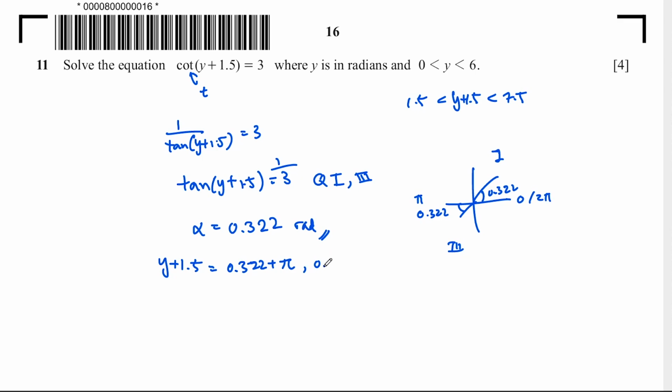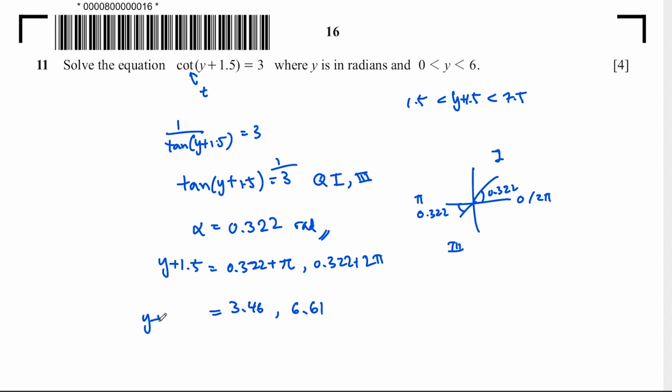Then also we have 0.322 adding 2 pi. I think I'm going to stop there for now because that is going to be almost 7 already. Let's see what the value is. Maybe I can take it one more time: 0.322 adding 3 pi. That would definitely be outside the range already. So I'm just going to stop here at 6.61 as my final value.